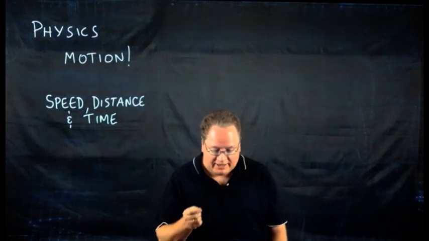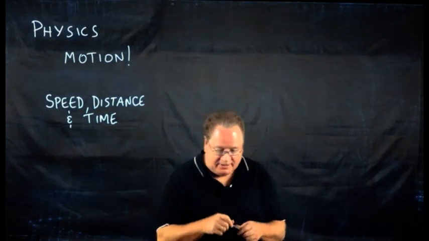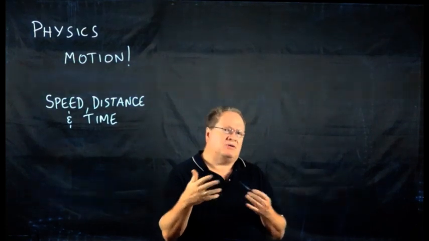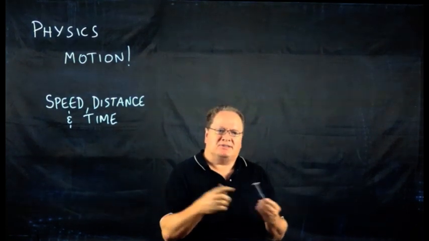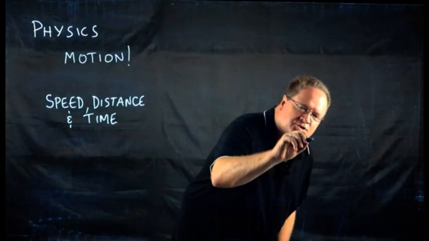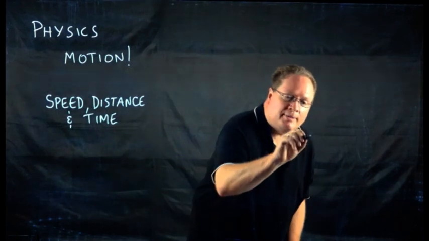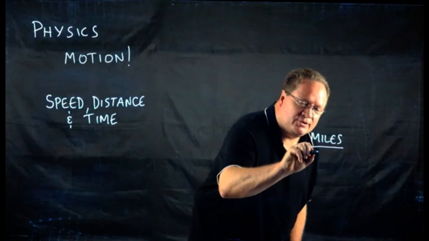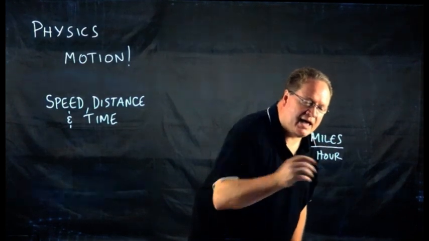Now, if we look at our speedometer again, we can use the units to help us figure out a formula for this. So if I look at my speedometer, the units were in mph, or miles per hour.